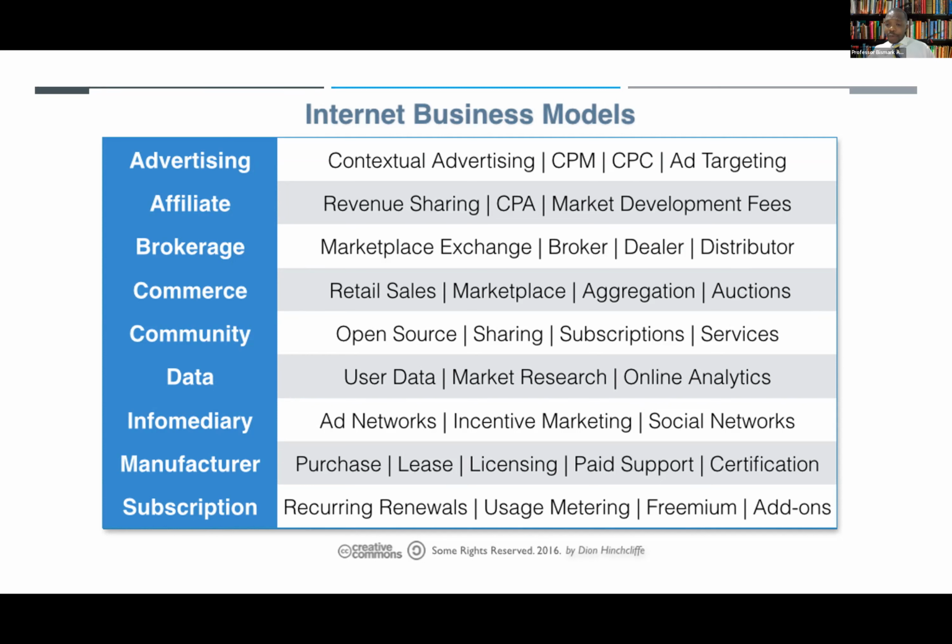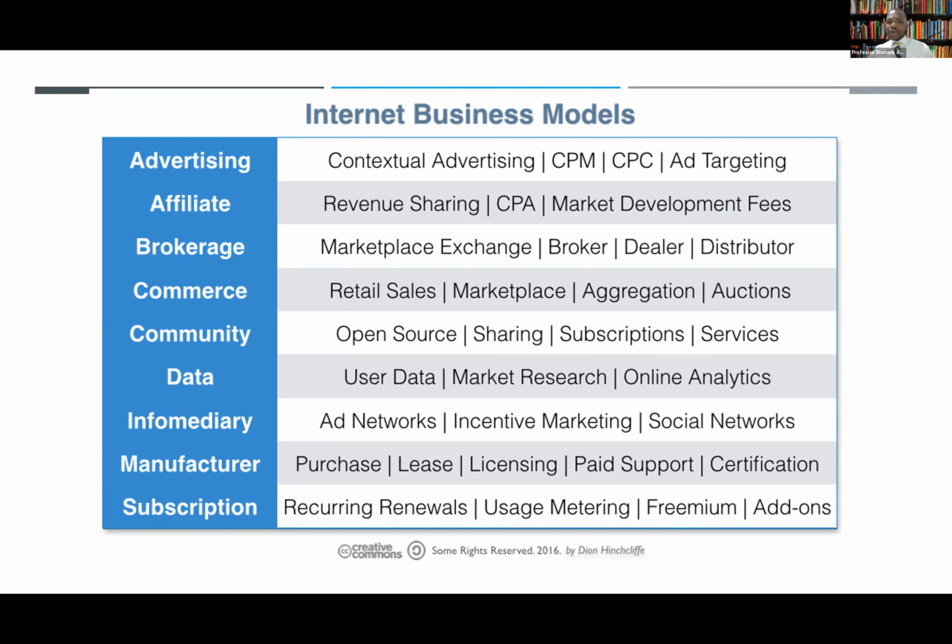Data, people actually set up e-commerce platforms where they sell data, analyze data, and sell it to customers or administrations or governments or business to business. Intermediary, so incentive marketing, social networks where they have this information.